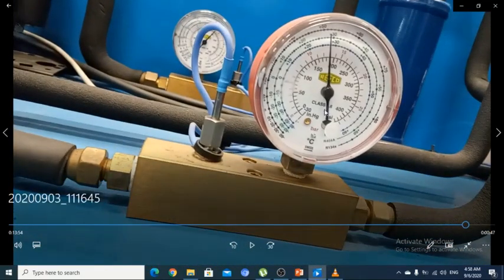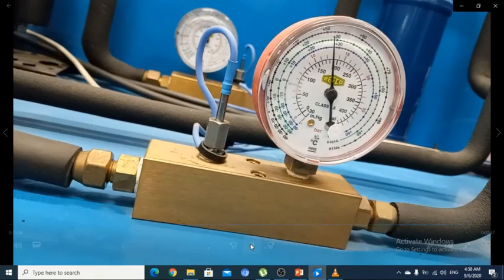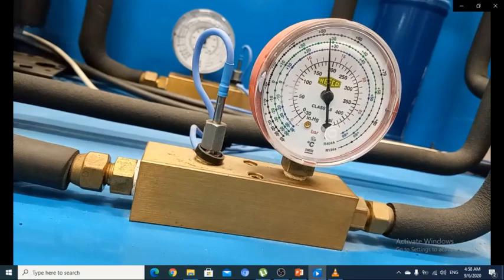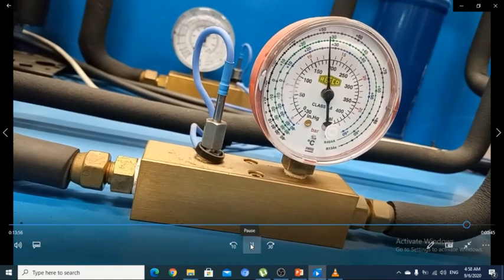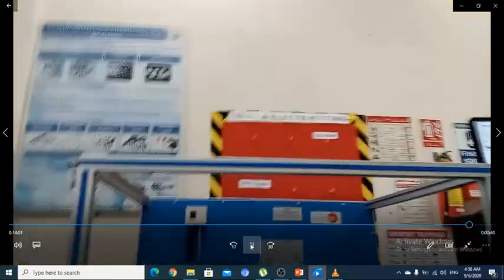This is the SP gauge, and you can see the pressure here is in PSI, approximately near 180 psi. So it's a beginning part. We have to wait for a while.